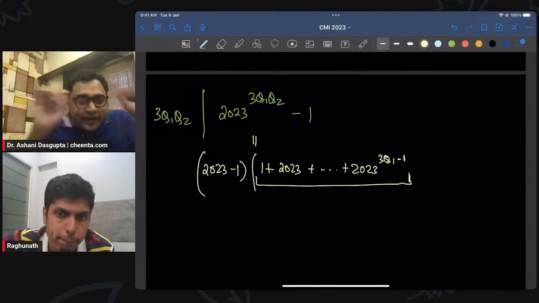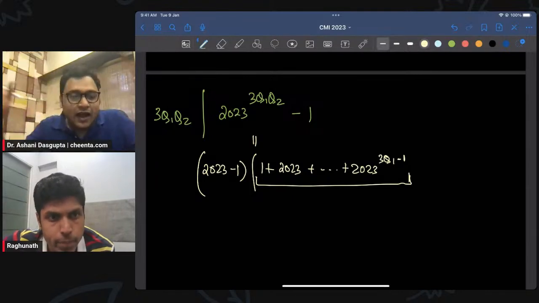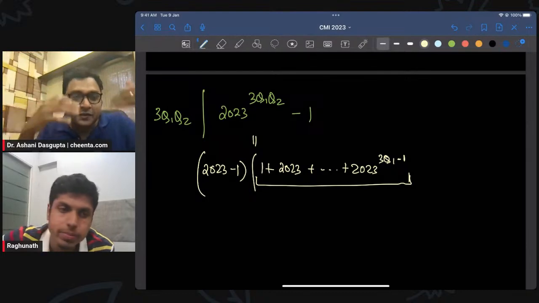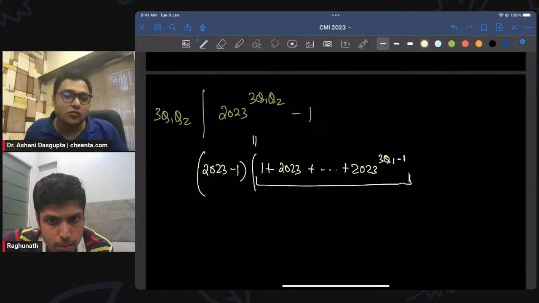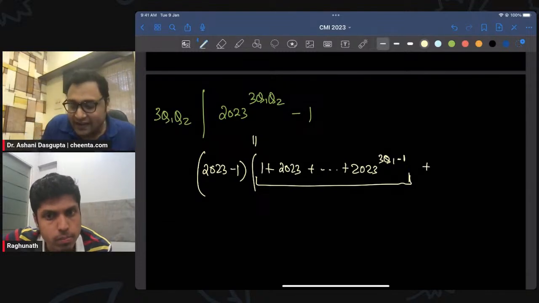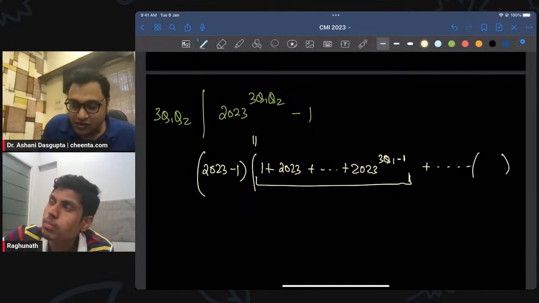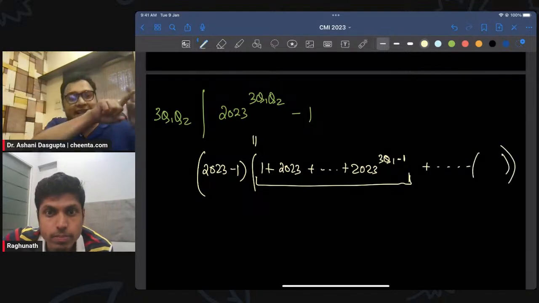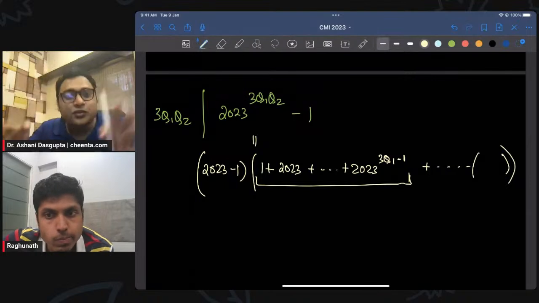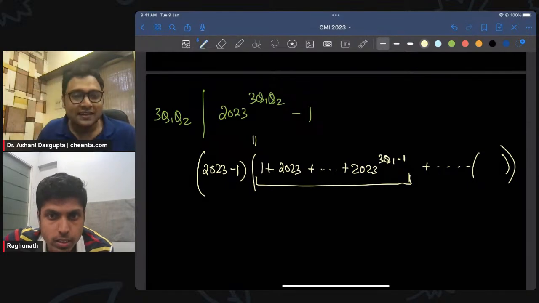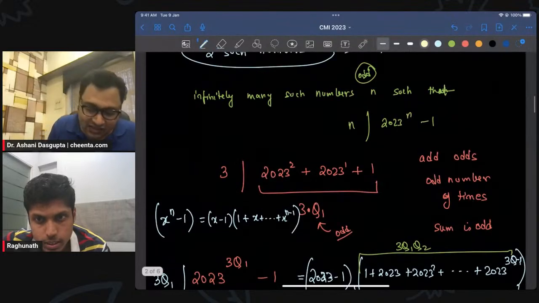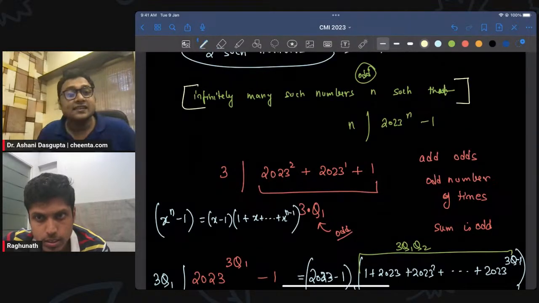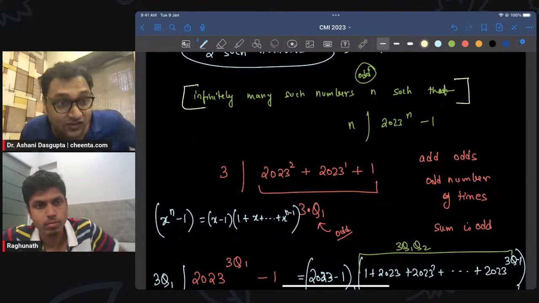So you will keep on doing this group until you have all the terms, and it will exactly work out, and each of them will be divisible by 3q1 q2. Therefore, the entire thing will be divisible by 3q1 q2. So again, you can take the entire thing as 3q1 q2 q3 and do the same process again. So this shows that there are infinitely many numbers n such that n divides 2023 raised to the power n minus 1.